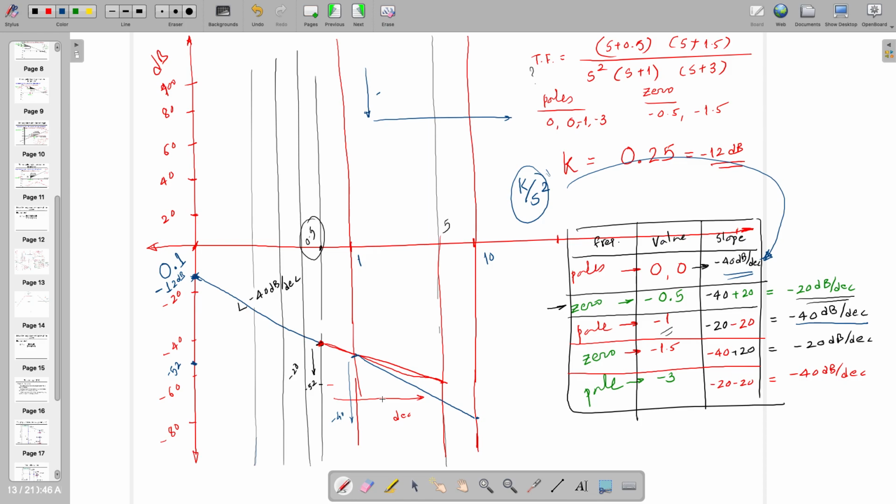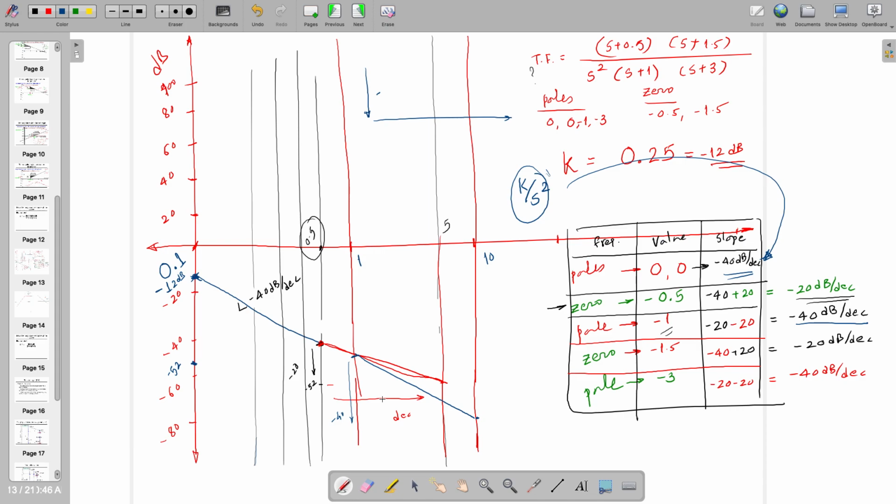20 log 0.20. We calculated 20 log 0.20. That was a wrong number given by him. Minus 30 was given by him.